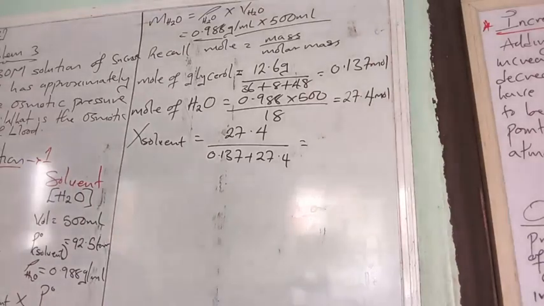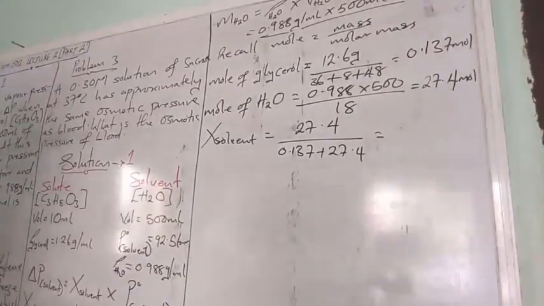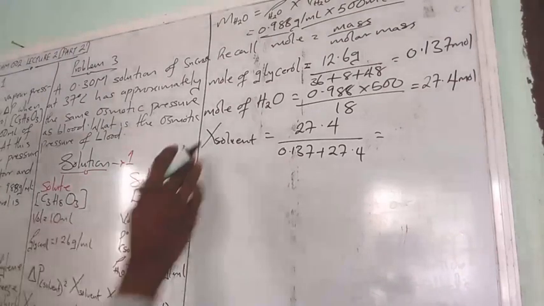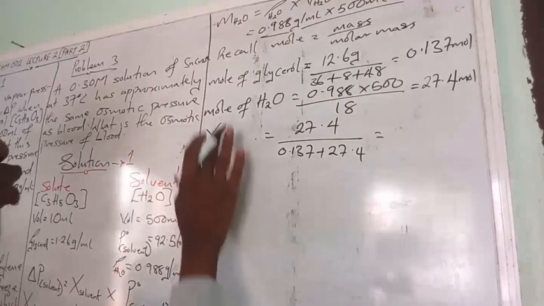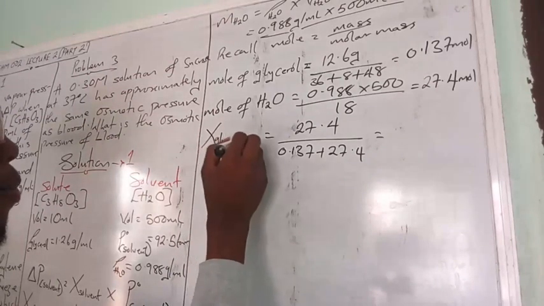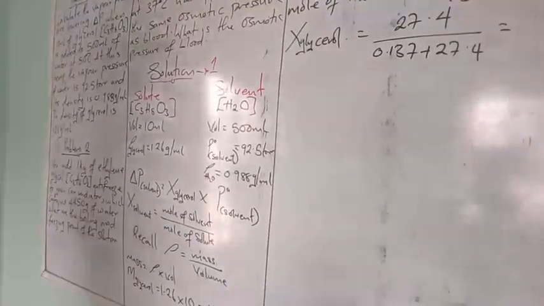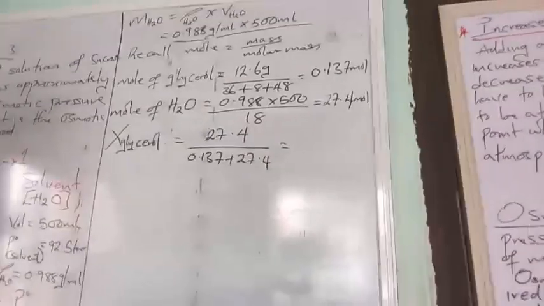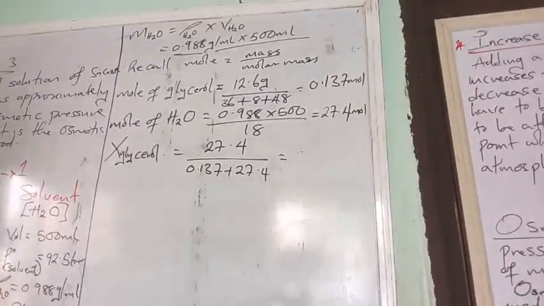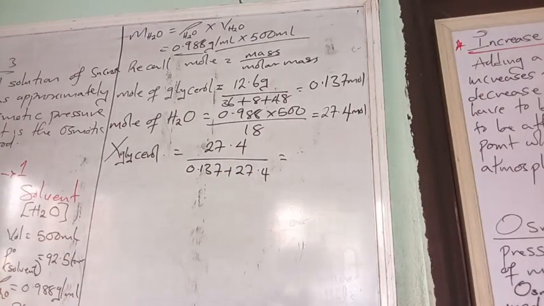Sorry, we are supposed to make use of the mole fraction of glycerol, because the question said that at this temperature the vapor pressure of water is that, and your formula for the mole fraction is for the solute, that is glycerol. I corrected it here now. So 0.137 over this, and it will give us a value of 0.00498.